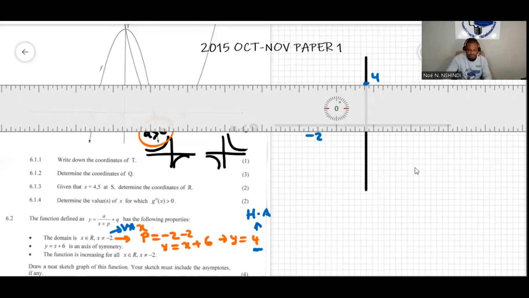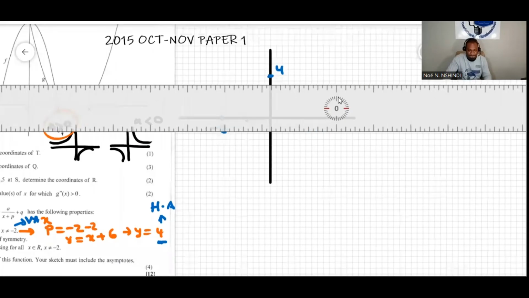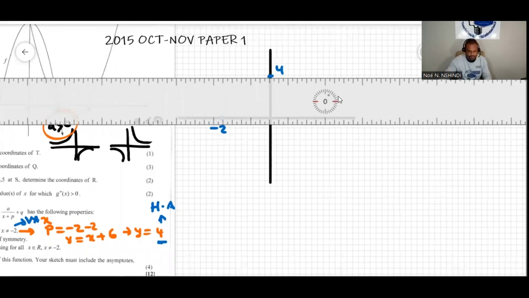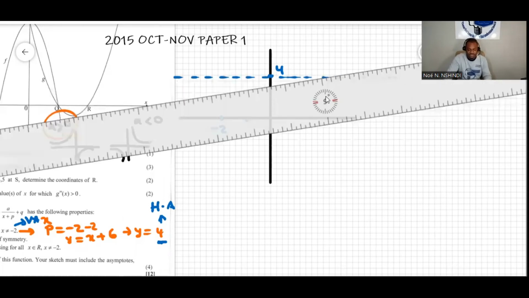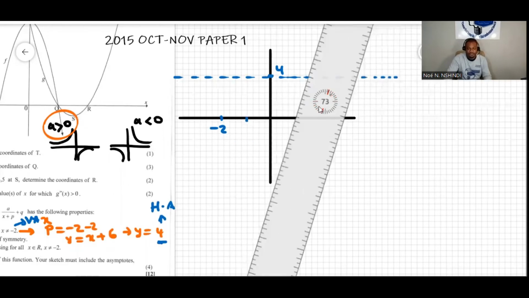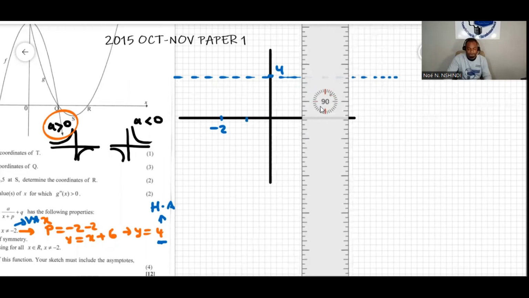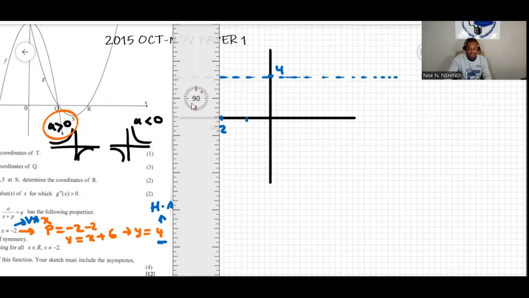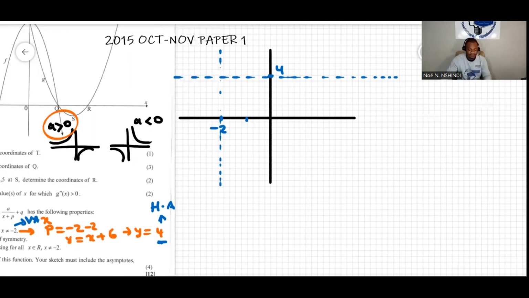Let's just move it a little bit, like that. That's the horizontal asymptote, and then the vertical asymptote must pass by -2. So I'm going to draw my -2 line, this line. And voila. Now that I have shown the asymptotes, I can easily draw the hyperbola.